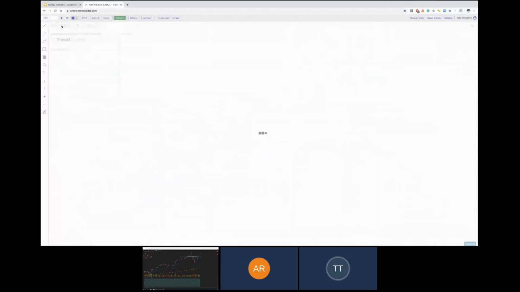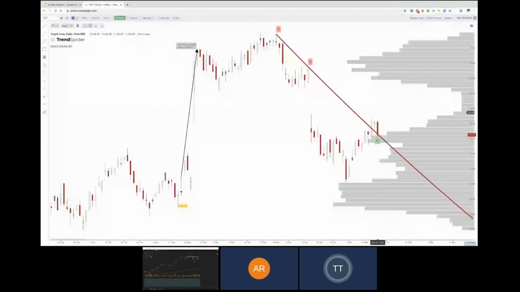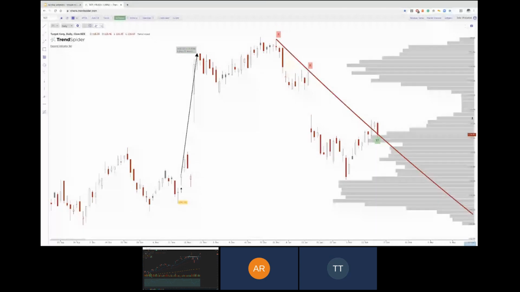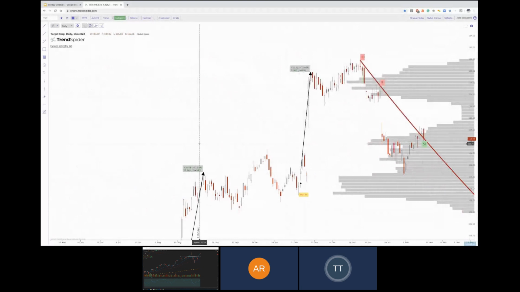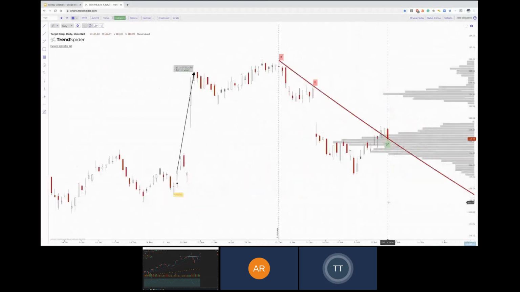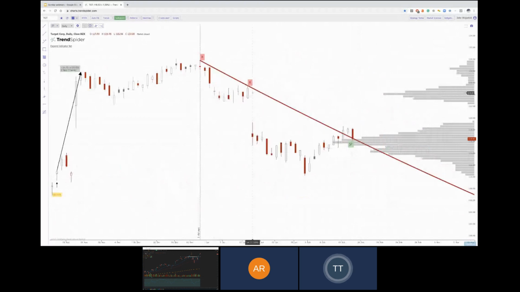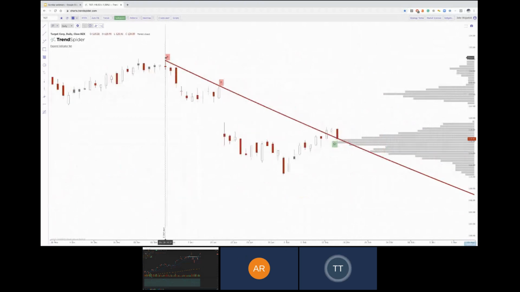Before I get into the CGC case study, if you look at Target right now, literally you've got this same exact setup that you had on WORK a couple weeks back. So if I anchor the volume by price from this reversal area, you can see resistance, resistance. You've got a breakout, a retest of this resistance now acting as support, and then you can see how much of that volume is currently holding here.